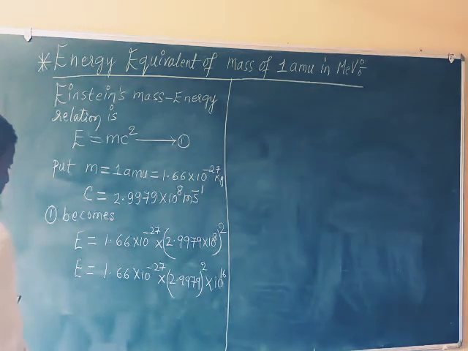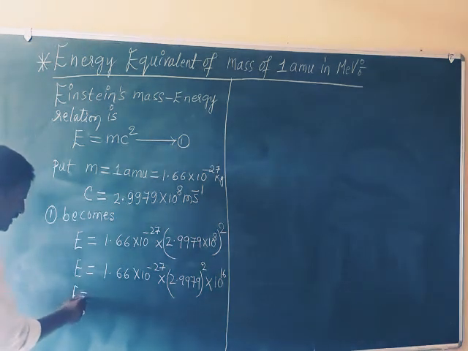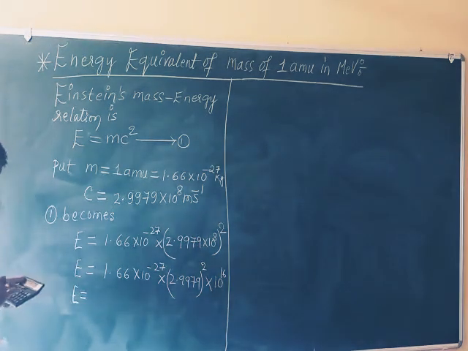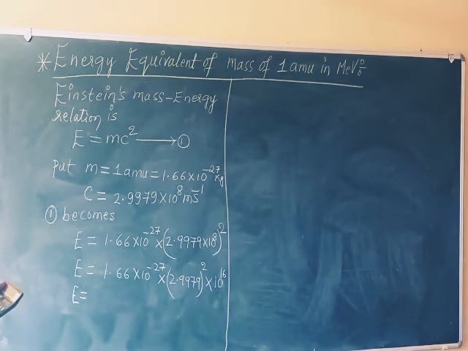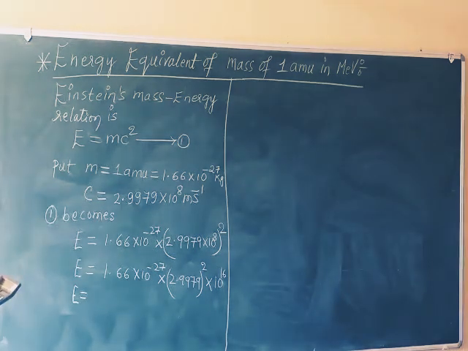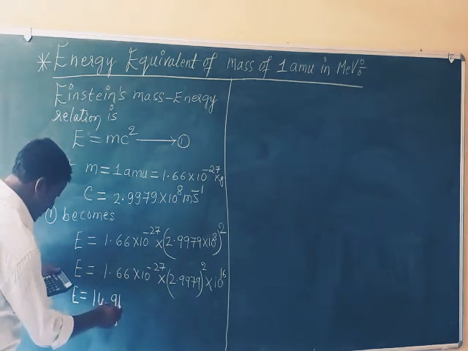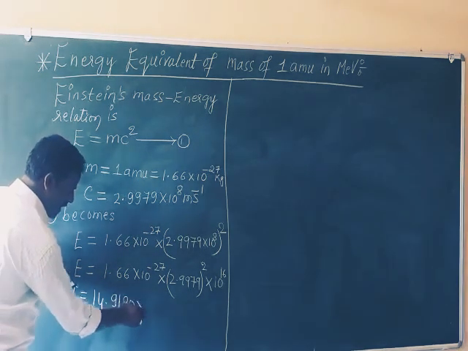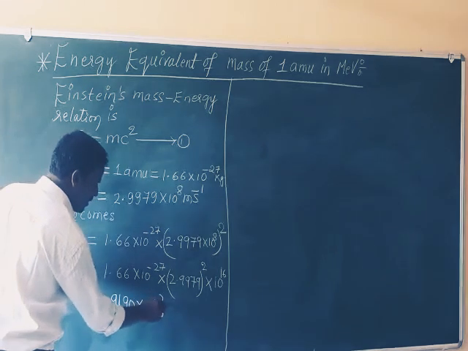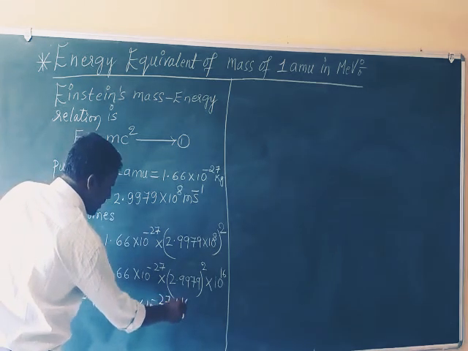So here E equals to 1.66 into 2.9979 into 2.9979, that is 14.9190 into 10 to the power of minus 27 plus 16.